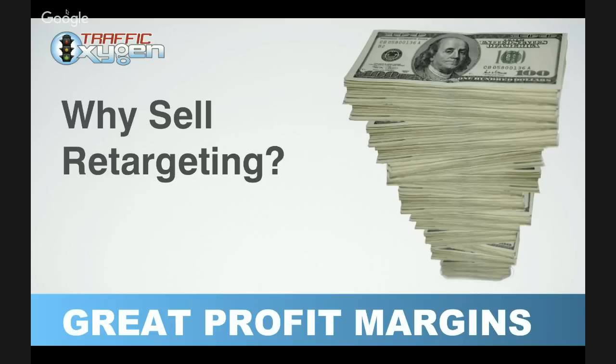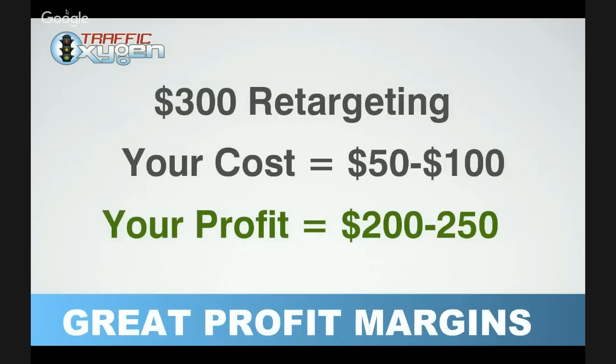And so the next question is why sell retargeting? Obviously, as on this slide, it's because there's great profit margins. Let me show you a couple of numbers here, and everybody's going to be a little bit different. Say you went in there and said, look, we're going to start up retargeting for you and bring these customers back, because you don't want your website to be a revolving door where people just leave.